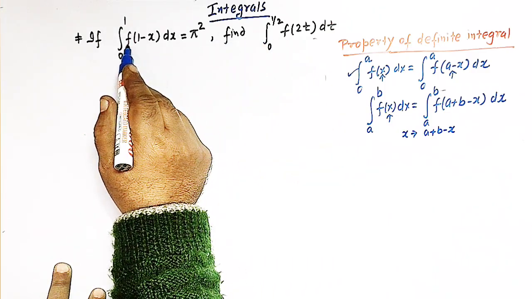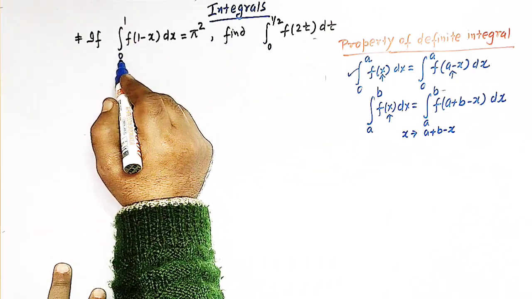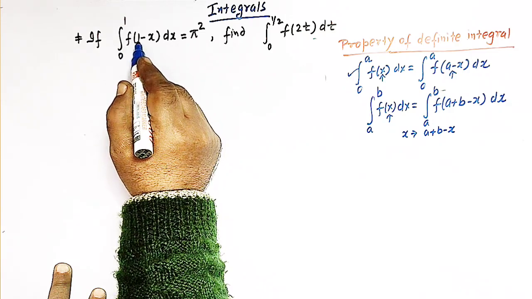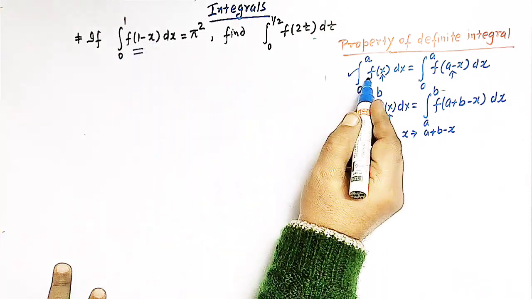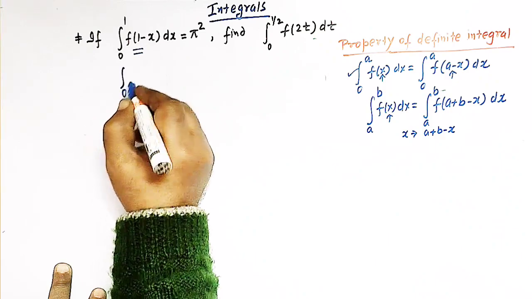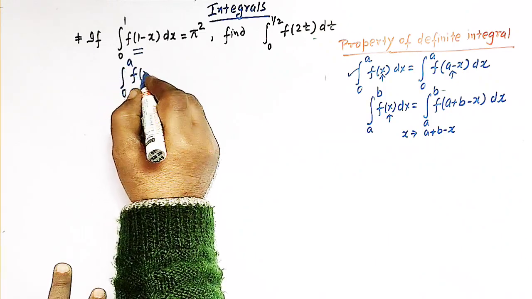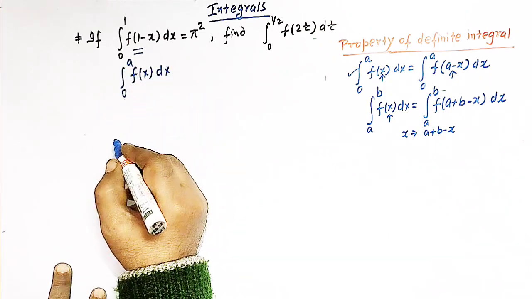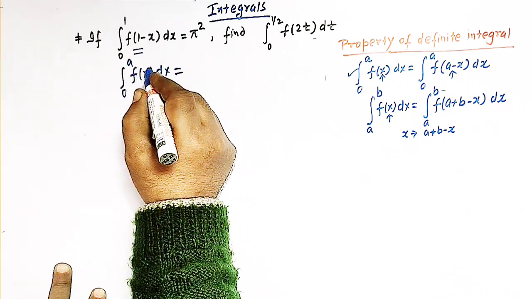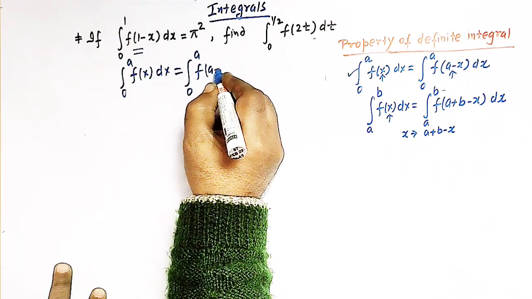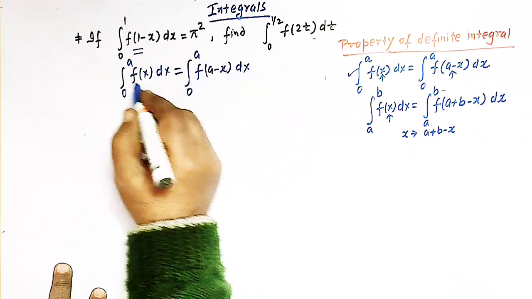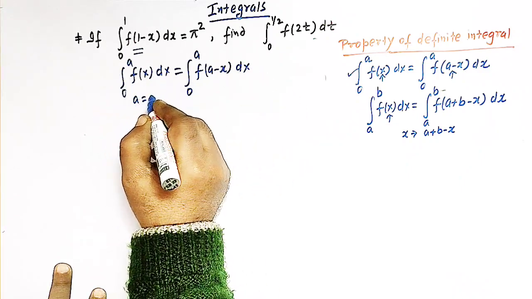So let us use this property to solve this problem. Now see here we have the integral from 0 to 1 of f of 1 minus x dx. Let us compare this integral with the integral from 0 to a of f of x dx, which is equal to the integral from 0 to a of f of a minus x dx. Now let us take a equal to 1.